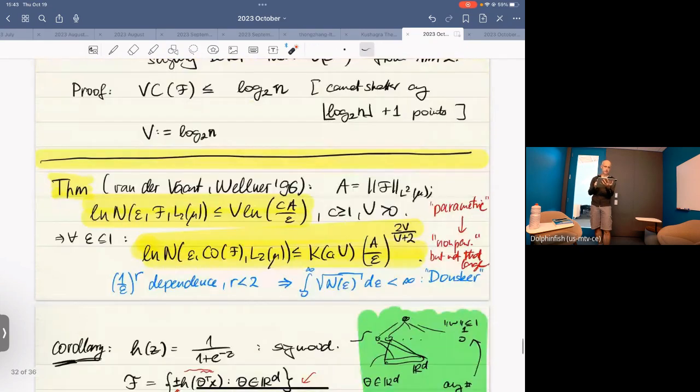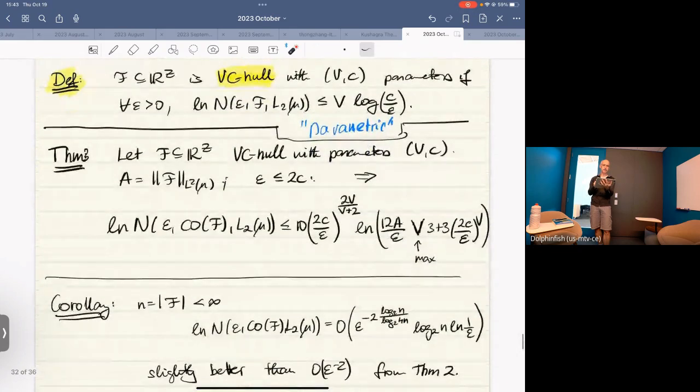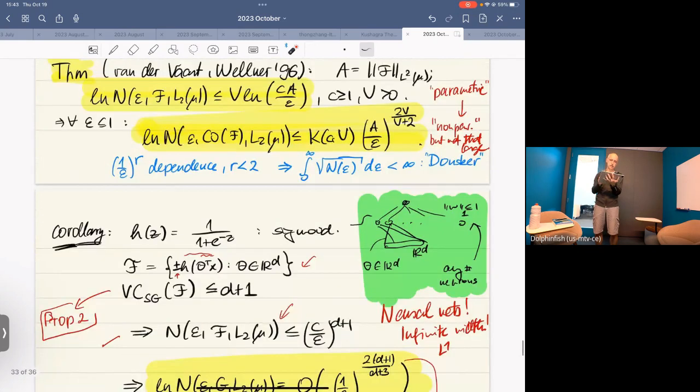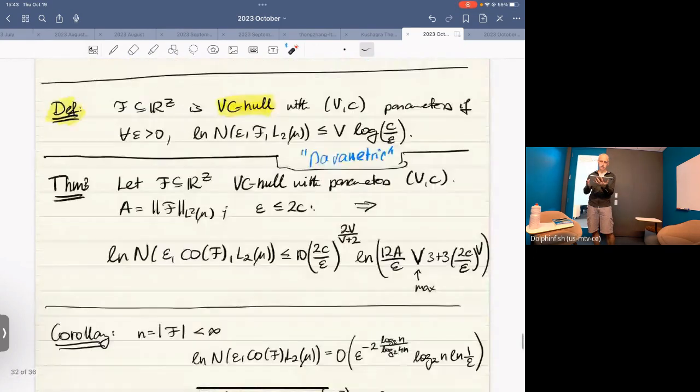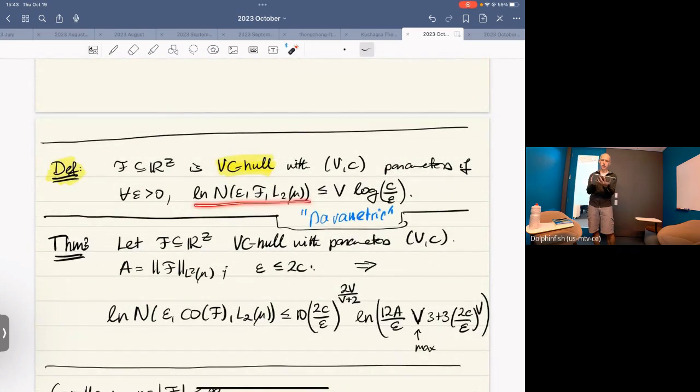There are these results, and the end result is something like this. You have a function class called F, and it's called a VCH class because everything has to have a name, if the metric entropy scales like this, which is exactly the scaling that we had here. It's just taking logs: you take a log, then this d comes down, and then this log C over epsilon. So the log guy is some dimension-like quantity times log C over epsilon.